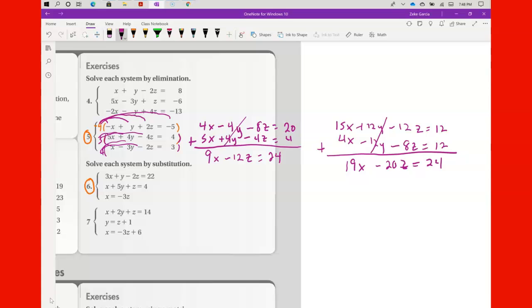Okay, it's correct. So we're going to figure out a number in which 20 and 12 can go into.